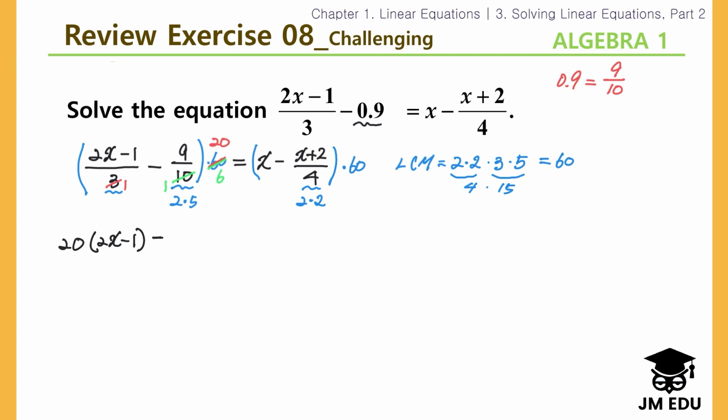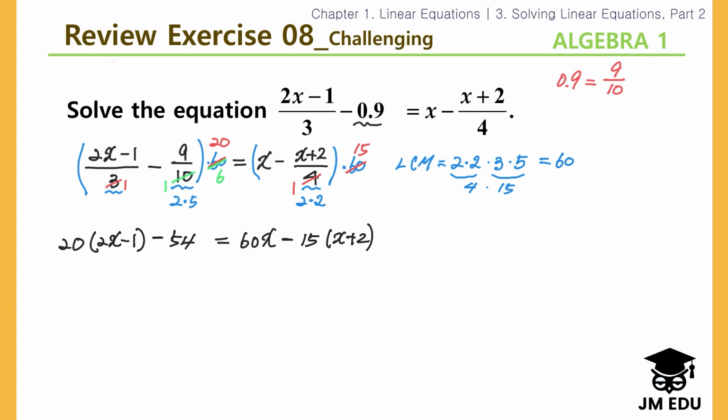So 6 times 9, that's minus 54, is equal to 60 times x, that's 60x. Here we have 4. 4 times 1, 4 times 15. 4 times 15 is equal to 60, right? So we have minus 15 times x plus 2.